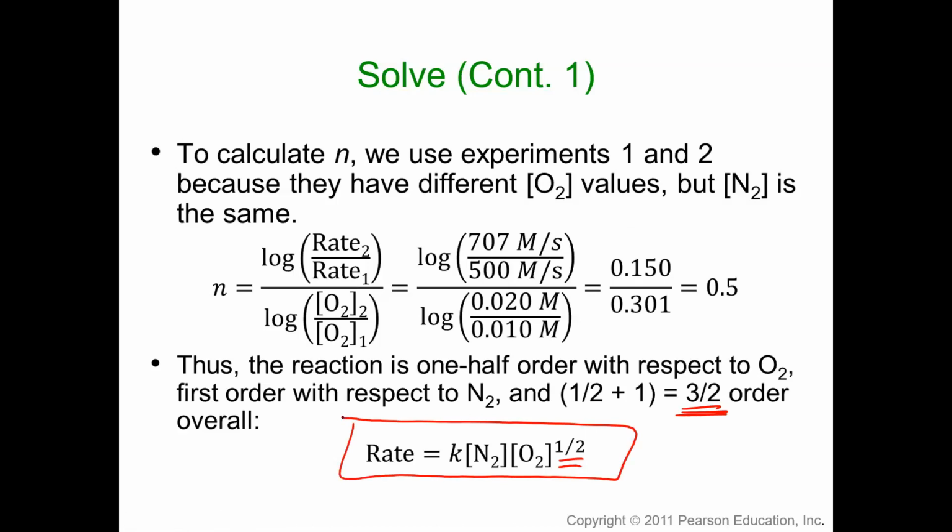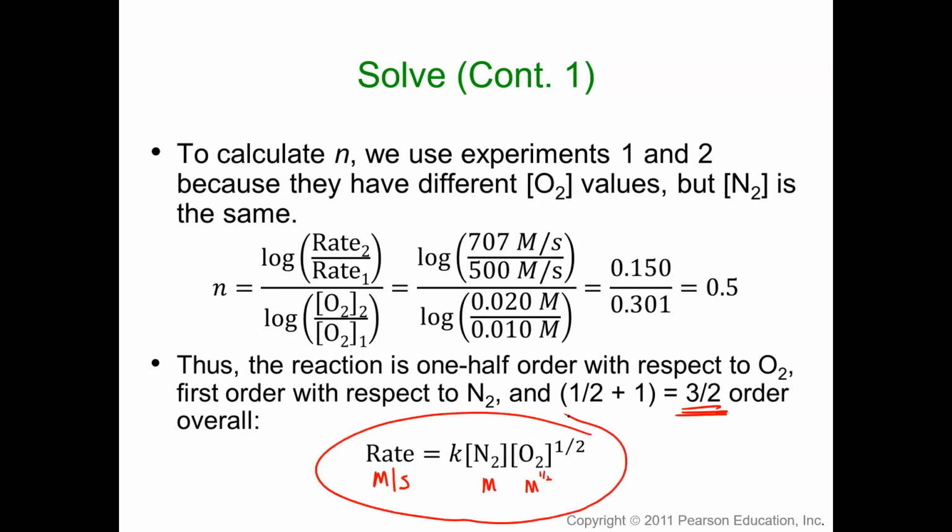Now, you gotta love the units, because I actually solved the units on the next one. So when we put these units in here, remember this one is molarity per second. This one's molarity. And this is molarity, but this molarity to the half. So by the way, when I do my units, I literally just do my math with my units.